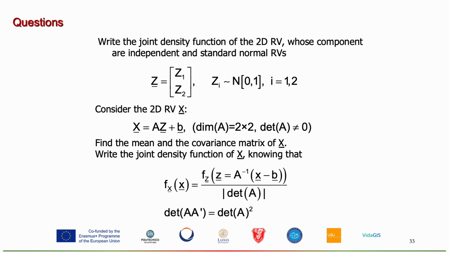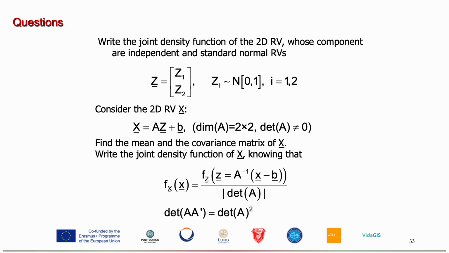The determinant of A must be different from 0. You have to find, by propagation, the mean and the covariance matrix of X. Moreover, write the joint density function of X, knowing that the marginal is given by this formula that I don't need to read, and that the determinant of A that multiplies A transpose, remember, is the square of the determinant of A.